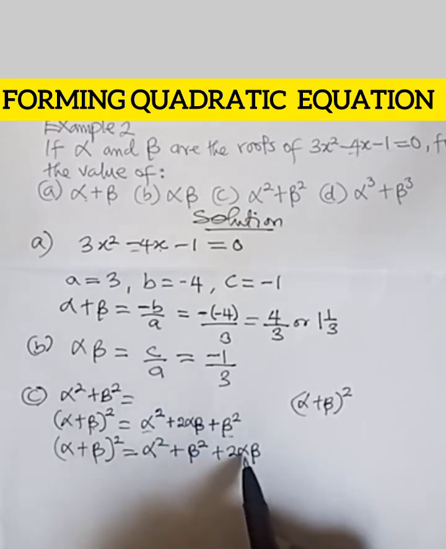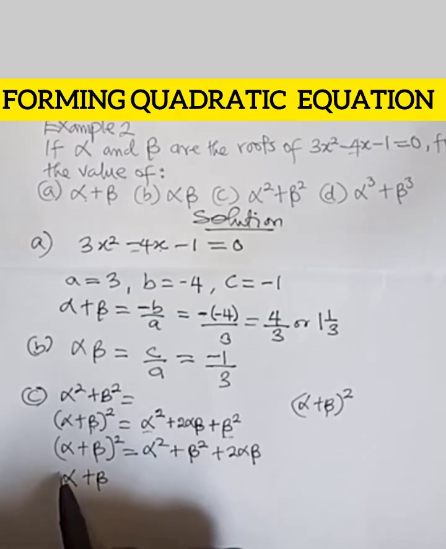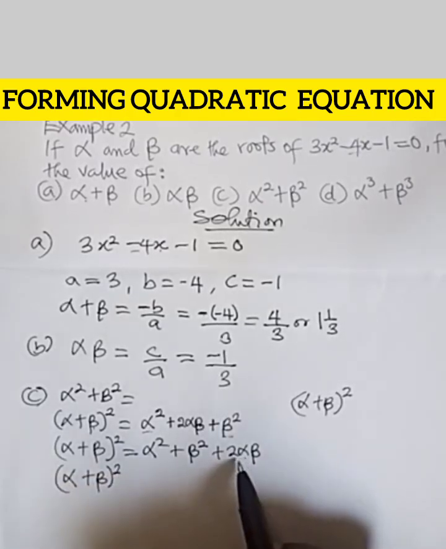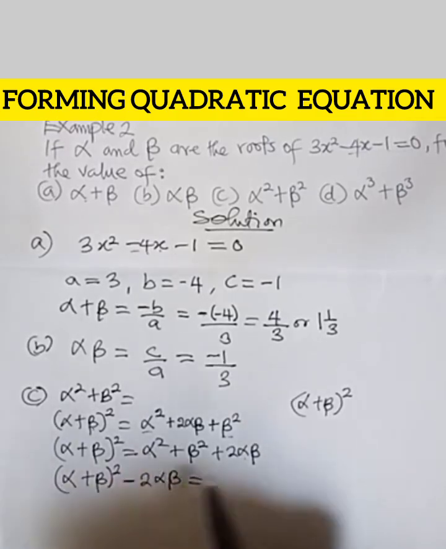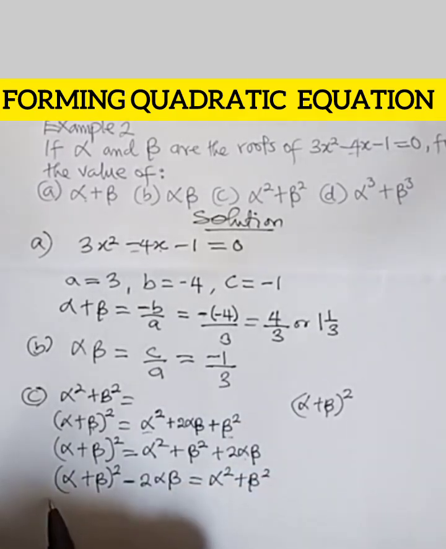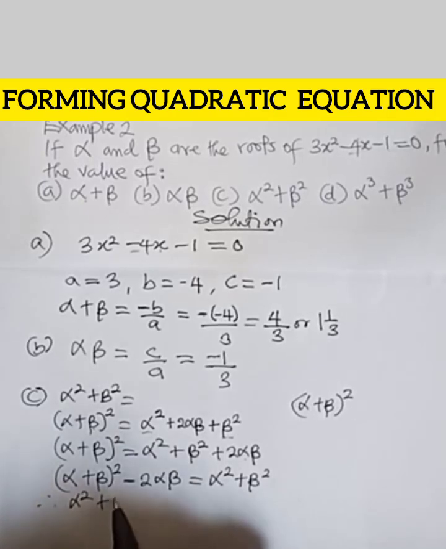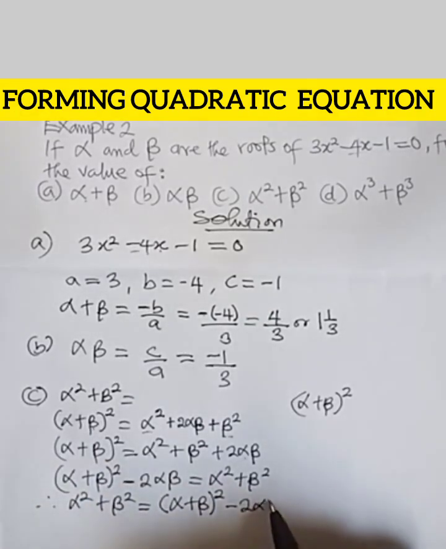So 2 alpha beta will move to the left hand side. I'll put down alpha plus beta all square, then minus 2 alpha beta is equal to alpha square plus beta square. So alpha square plus beta square is equal to alpha plus beta all square minus 2 alpha beta.